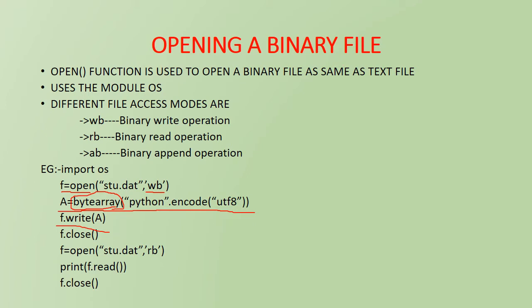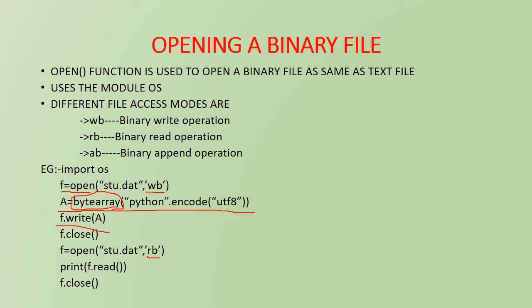So we have written the binary data into the file stu.dat. Now we want to read it. We use the file access mode RB to read it. And we have only one function, f.read. There is nothing else to be done. We don't have to convert it.